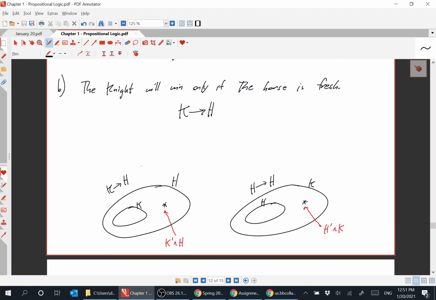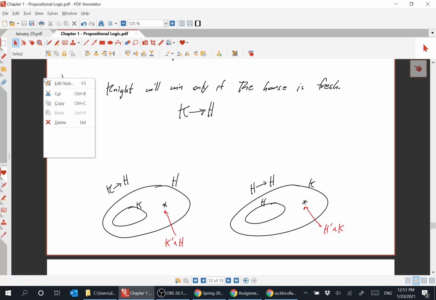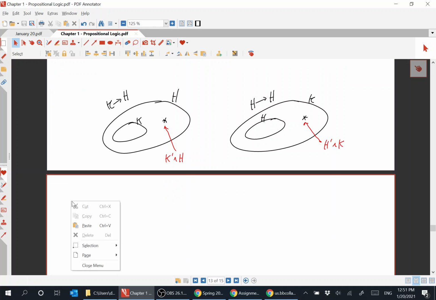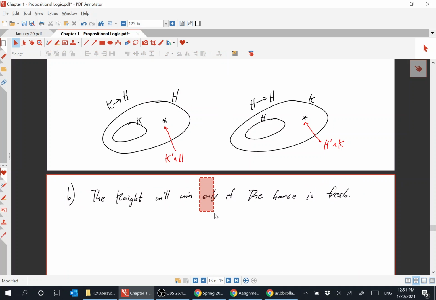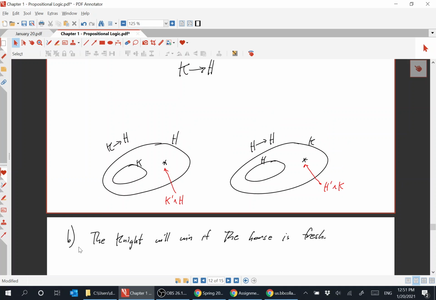Okay, the knight will win only if the horse is fresh. Let's change this statement just slightly. Just erase the word only. The knight will win if the horse is fresh.